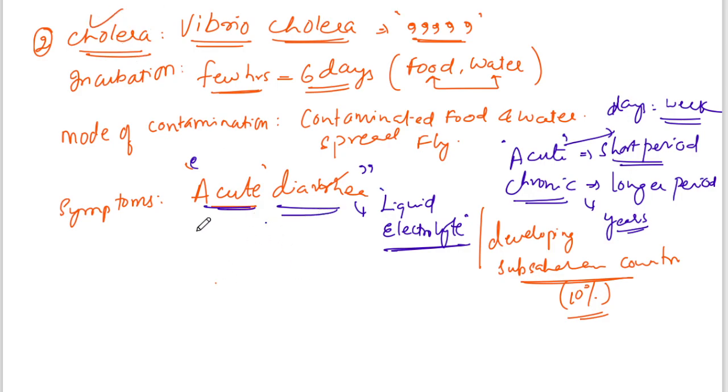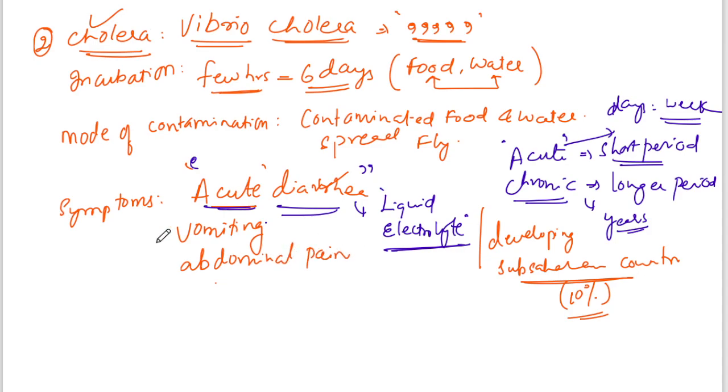So what are the symptoms? The first symptom is acute diarrhea. The second symptom is vomiting. The next symptom is abdominal pain. I request you, please take down the notes.